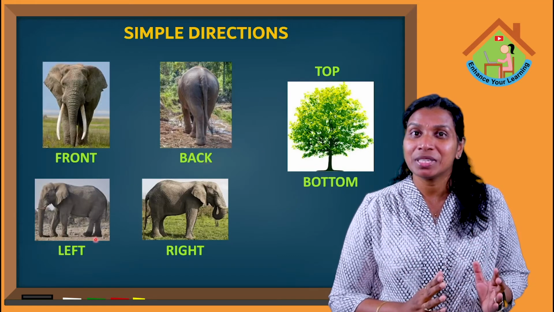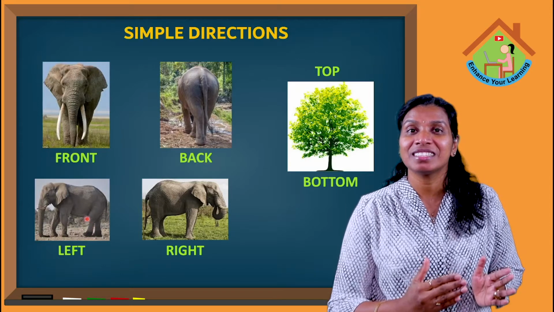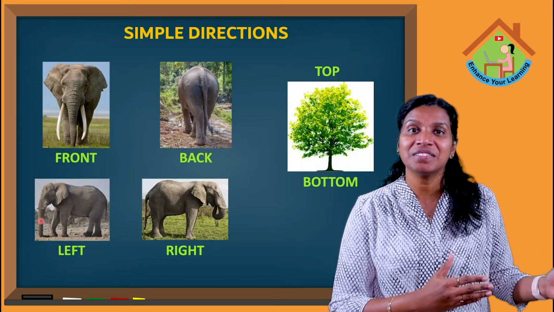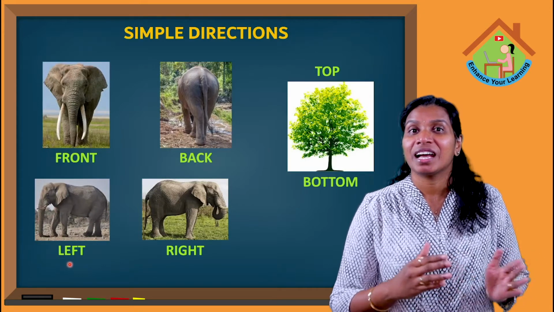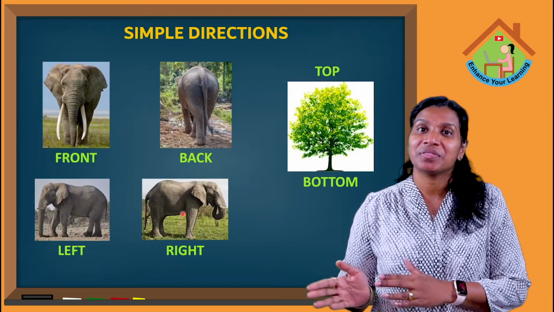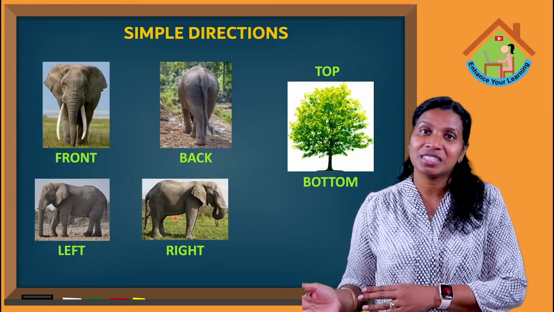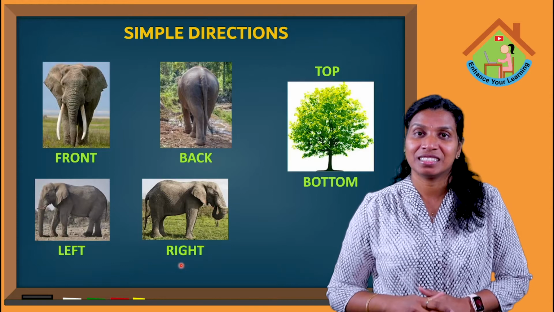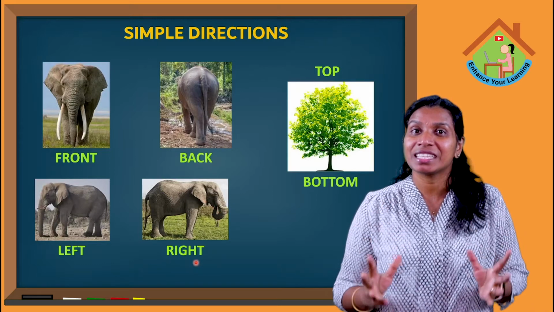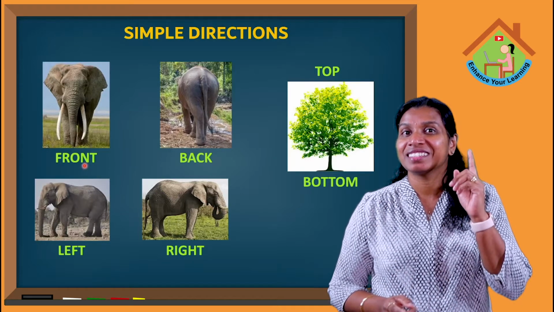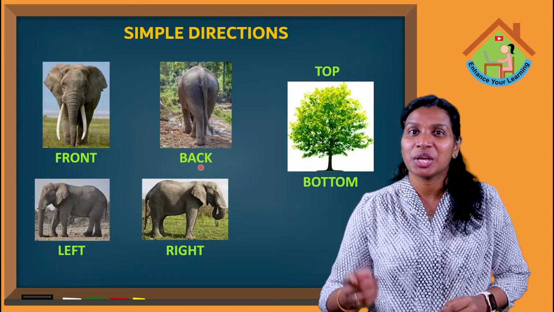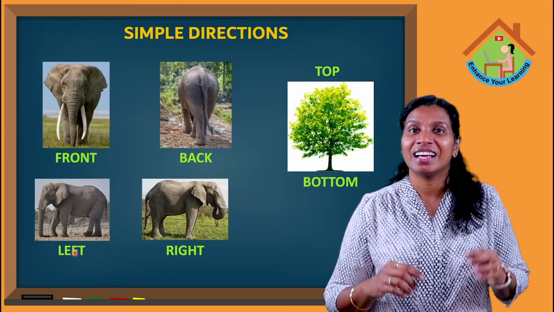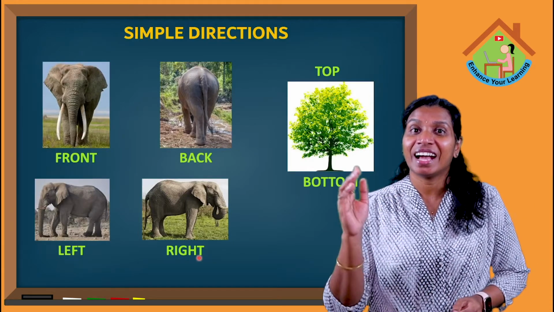And look at the third picture. The elephant is turning towards the left side. And in the last picture, the elephant is towards the right side, right? So the simple directions here are front, back, left and right.